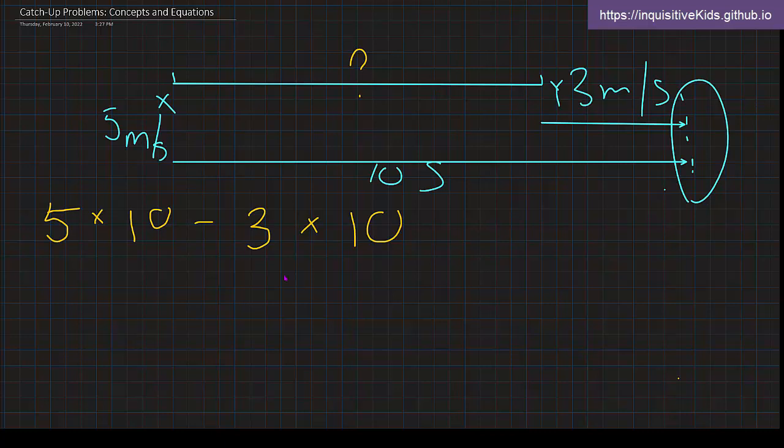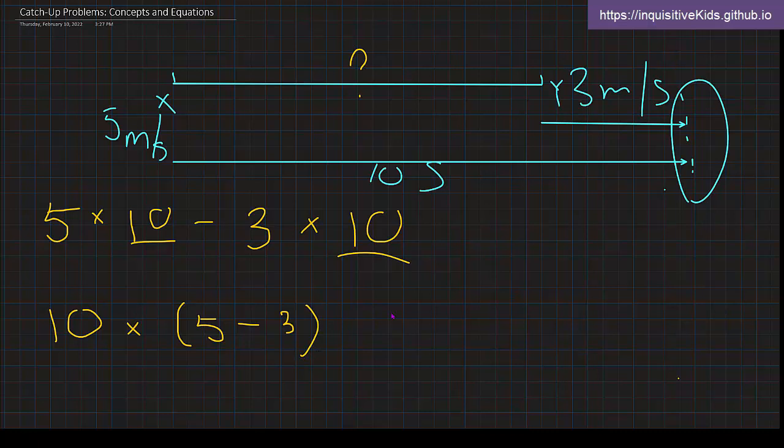Before going on, I want to see how we can simplify this. I see a 10 and a 10 in each of these, so I can factor it out using the distributive property, and I'll be left with the difference of 5 minus 3. And that equals the amount that Y has as a head start.